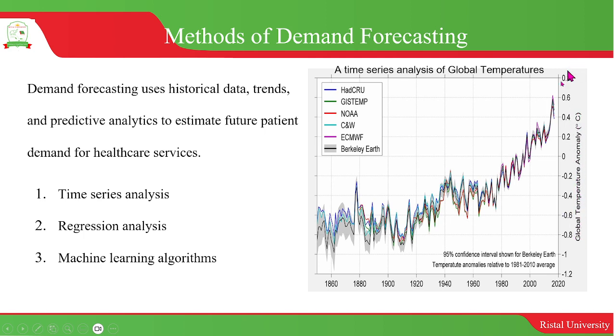So it is actually increasing, and that's why we are now faced with a lot of disasters. There's flooding, there is drought. So this graph helps us to predict what might happen in the future, and that's why we are crying a lot about what can be done. Otherwise, we are continuously increasing this temperature, and we shall continue to see more disasters.